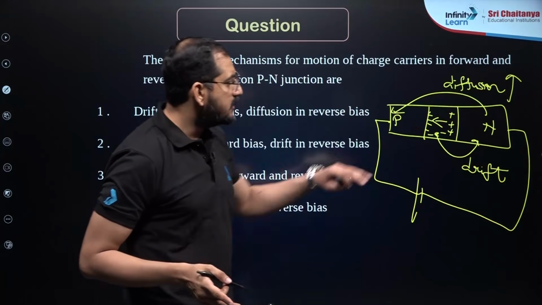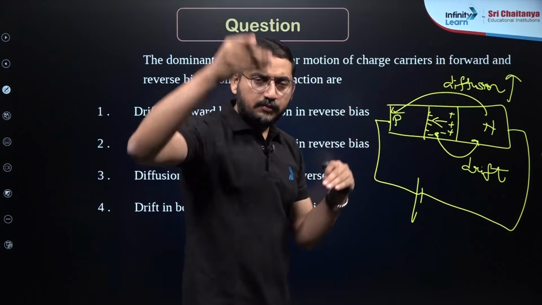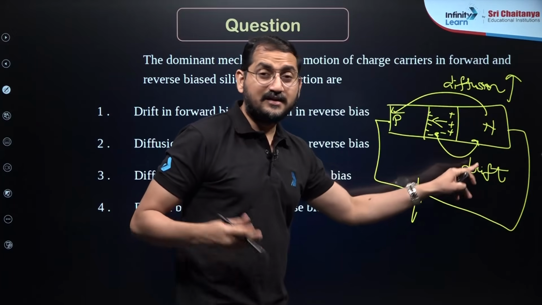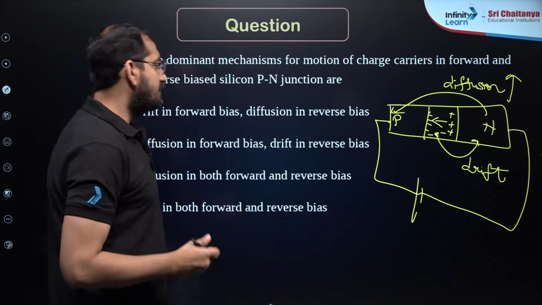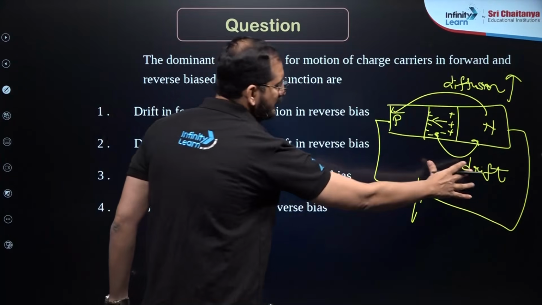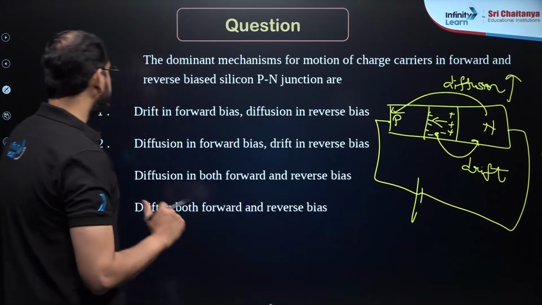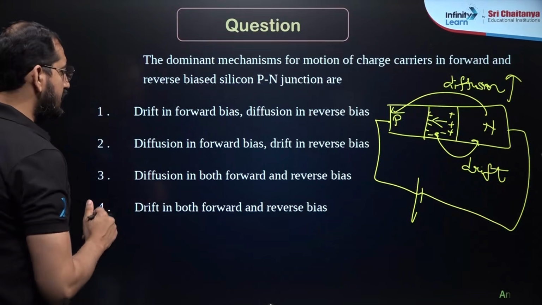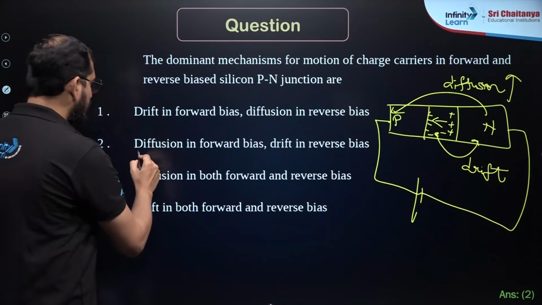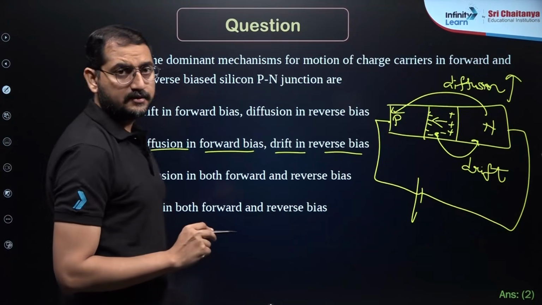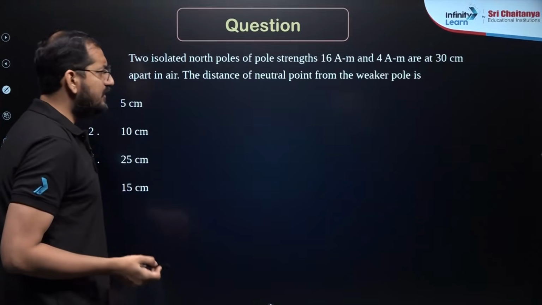In the reverse bias, diffusion contribution will drop significantly, whereas the drift part will start increasing. Okay, but the value of the drift is not stronger in the reverse bias condition, right? Hence over here you can see the options: diffusion in forward and drift in reverse. Second option is your right answer. Okay, I hope the concept is clear. Let's move ahead.